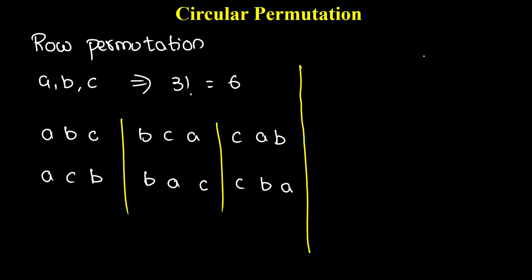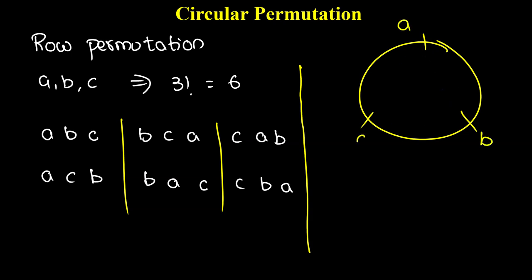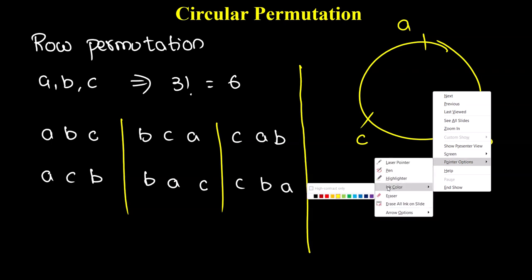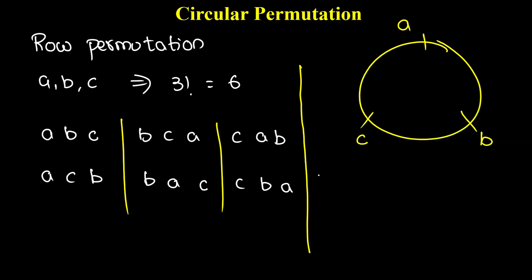You see, first I am creating a circle like this. A here, B here, C here. Now, in this circle, fix only one thing, clockwise or anti-clockwise. I am going only clockwise.